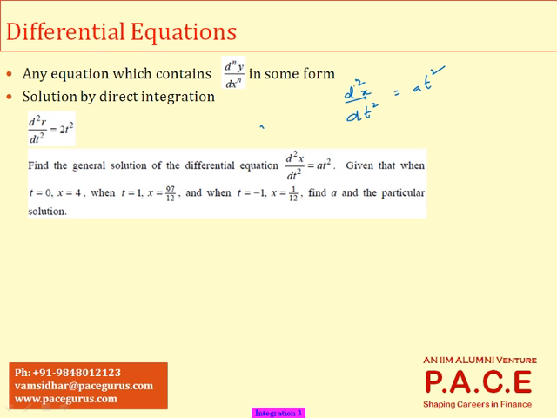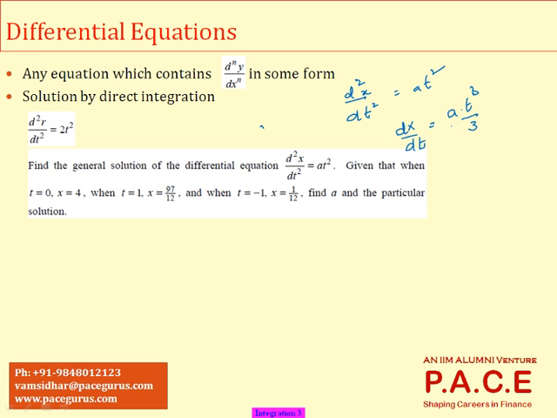Now if I integrate d squared x by dt squared with respect to t, what will it become? dx by dt, right? Because it's a reversal of differentiation. Whereas this side, integration with respect to t becomes a into t cube by 3.